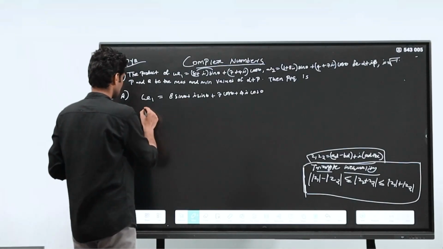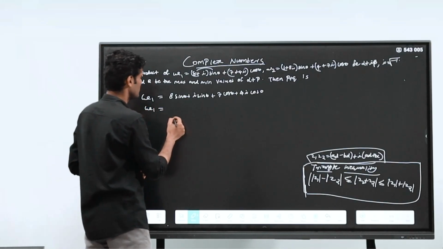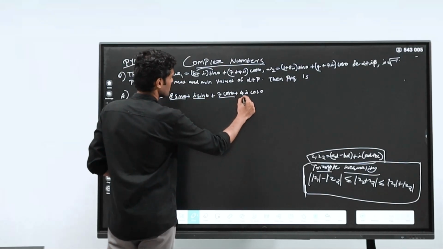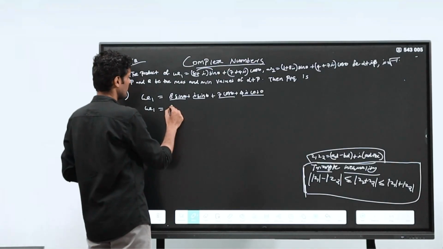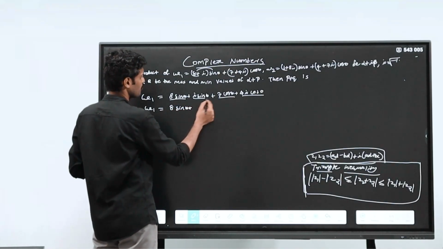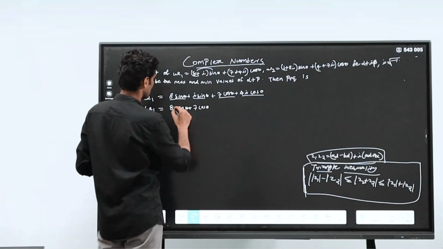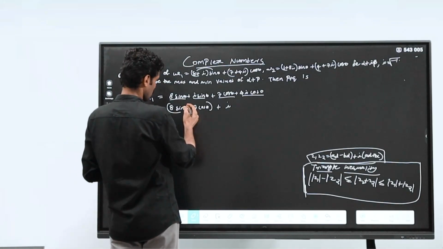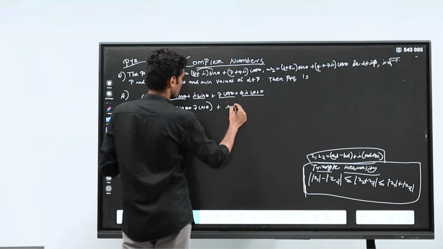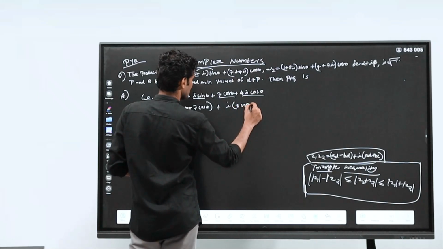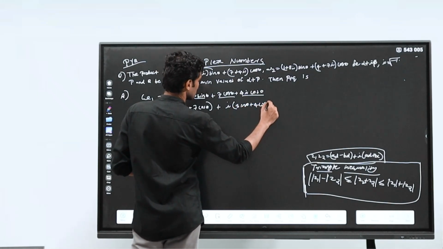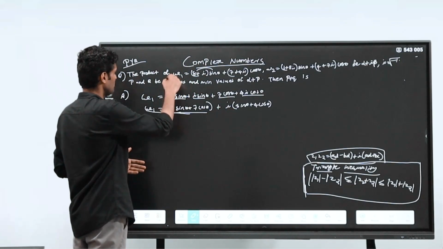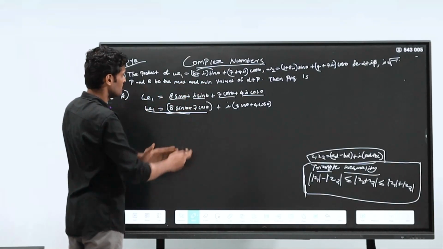Or we can write omega 1 with the real part together and the imaginary part together: 8 sin theta plus 7 cos theta, plus i outside, then i of sin theta plus 4 cos theta. This is omega 1.